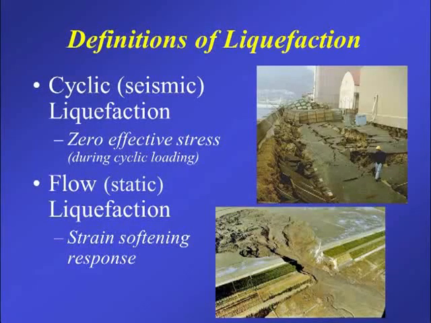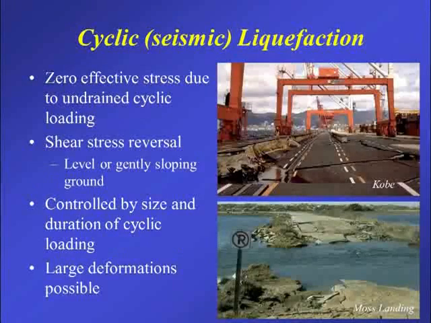And I think, as I said last time, I'm not a big fan of the use of static liquefaction, because you'll see that about 50% of the case histories were actually triggered by cyclic loading, mostly earthquake loading. And so static liquefaction can be a little bit limiting in its description, so I tend to prefer the use of flow liquefaction.